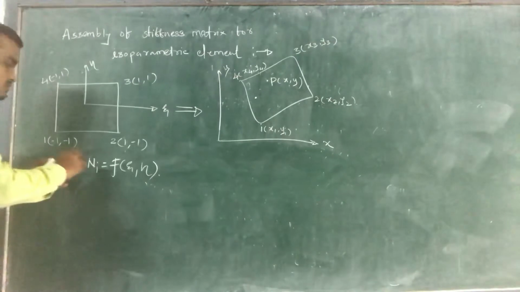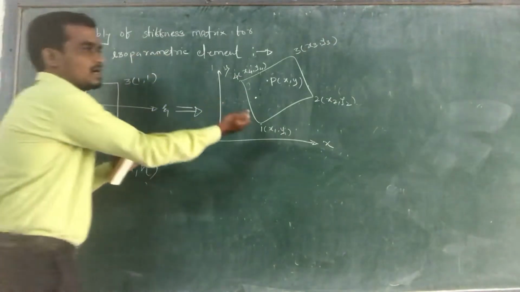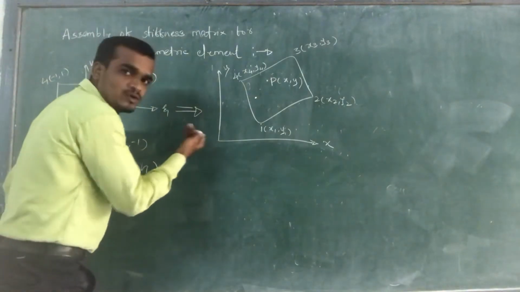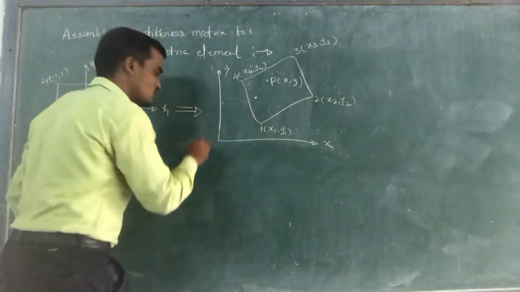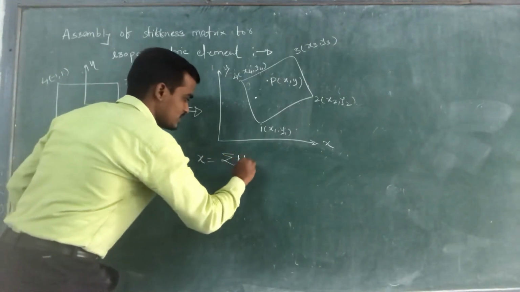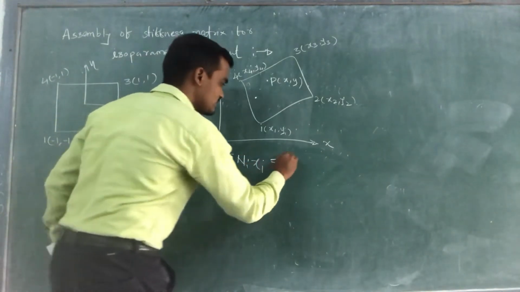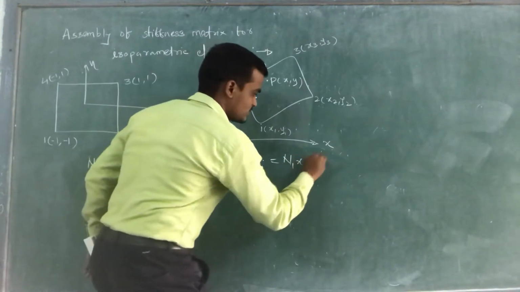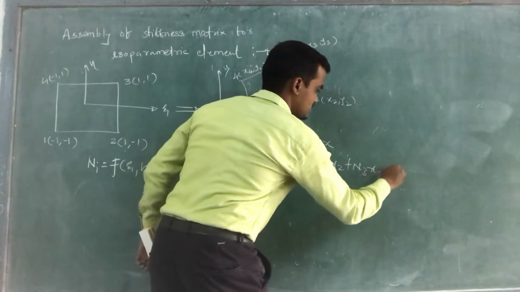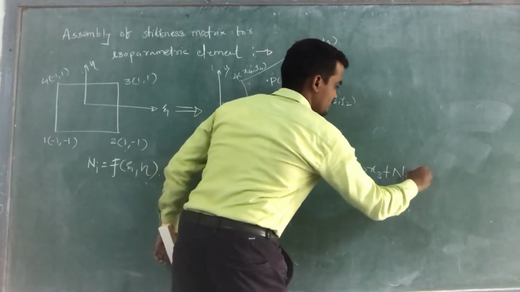Now from these shape functions you will get the Cartesian coordinates. What is the formula? The basic formula to find the Cartesian coordinates is x equal to summation of Ni xi, which is N1 x1 plus N2 x2 plus N3 x3 plus N4 x4.